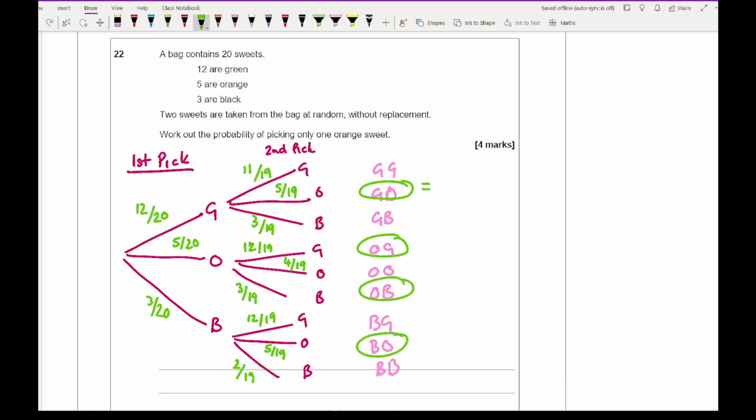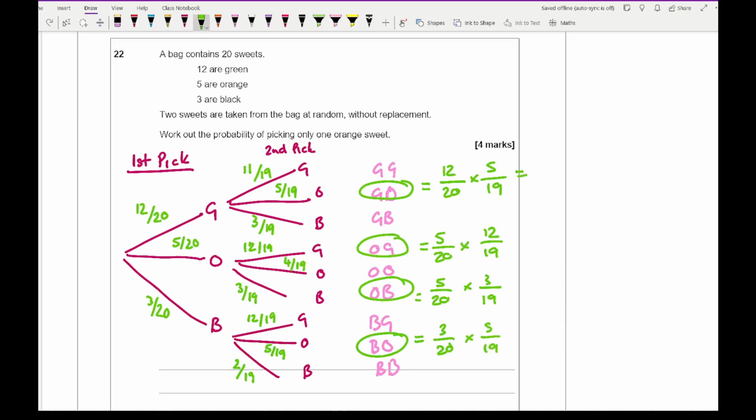Now, working out each of these probabilities, I multiply, so that's going to be 12 over 20 multiplied by 5 over 19. This one's going to be 5 over 20 multiplied by 12 over 19. This one's going to be 5 over 20 multiplied by 3 over 19. And this one here is going to be 3 over 20 multiplied by 5 over 19.